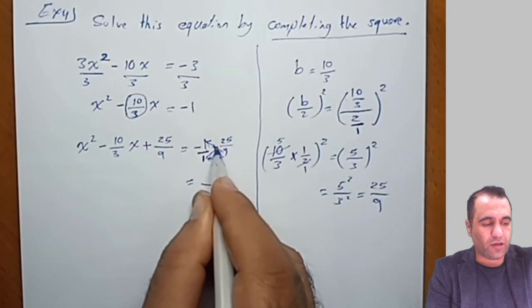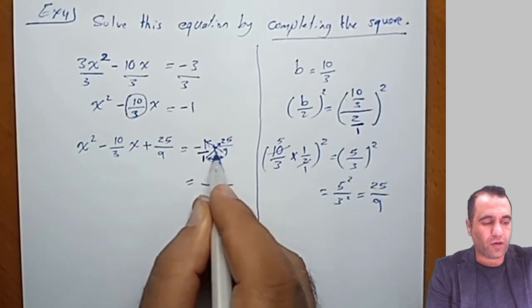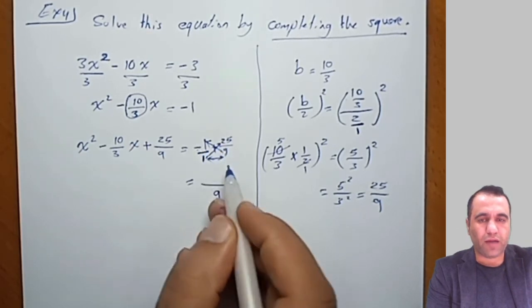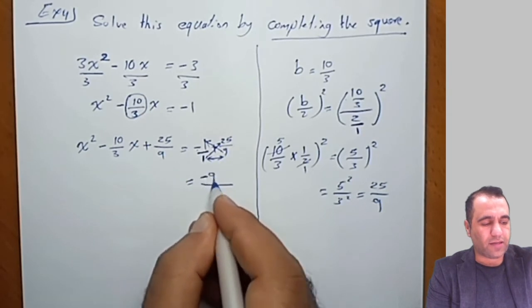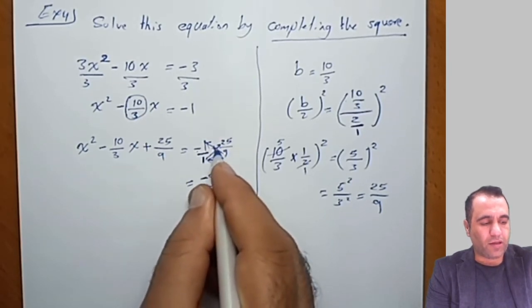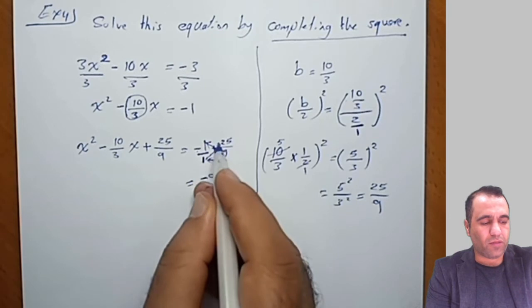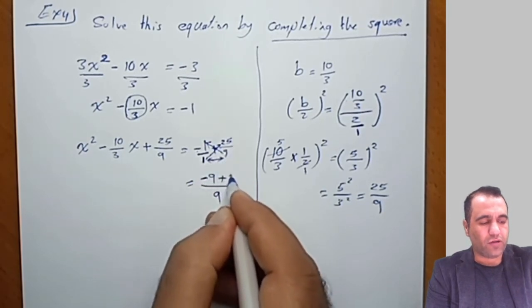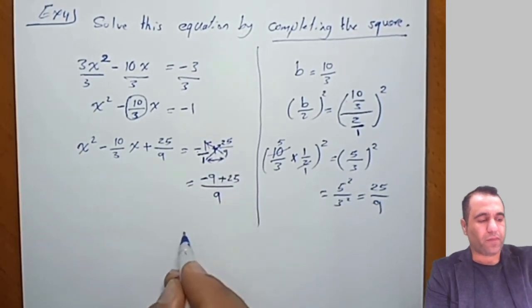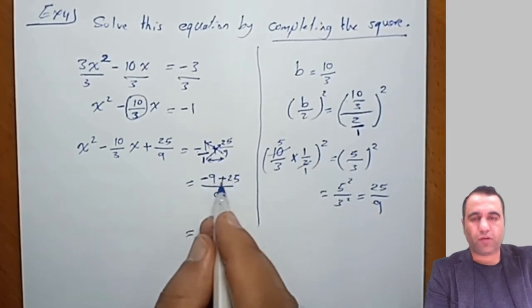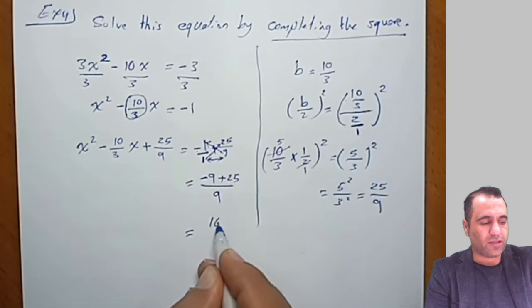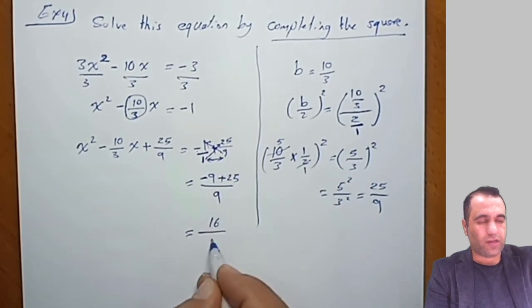Minus 1 multiplied by 9 is minus 9, and there's a plus here, so 1 multiplied by 25 is 25 here, and here it's minus 25 minus 9 equals 16, so the denominator is still 9.